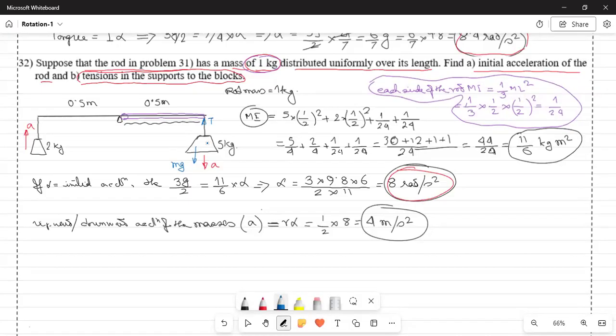Now here, if we equate for the 5 kg mass, we'll find the upward tension T will be equal to mg plus ma.